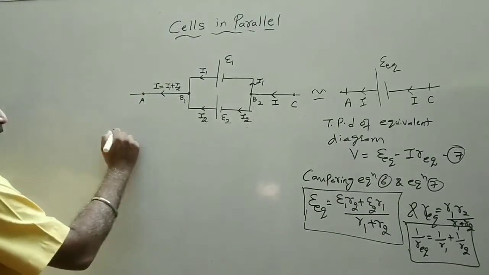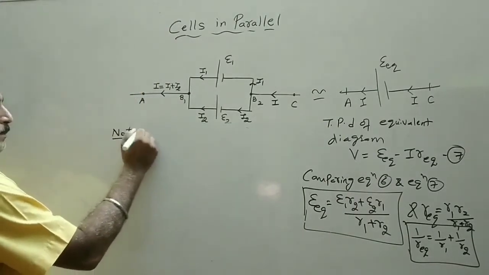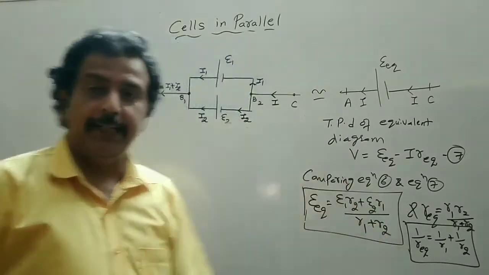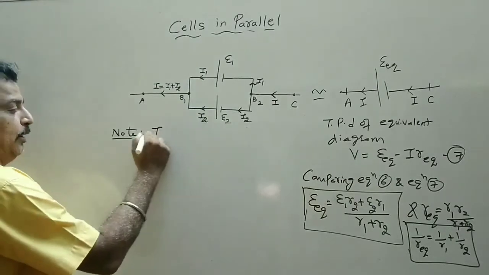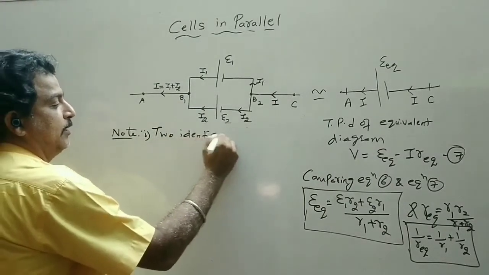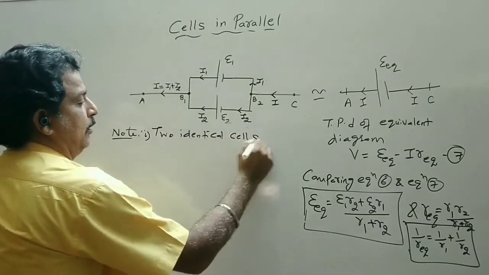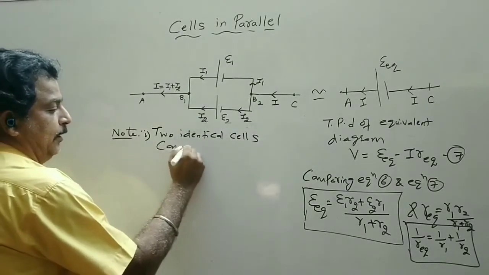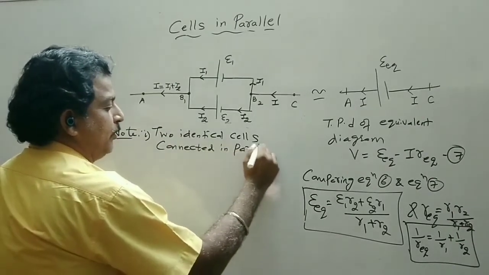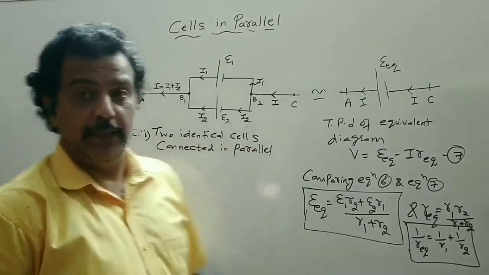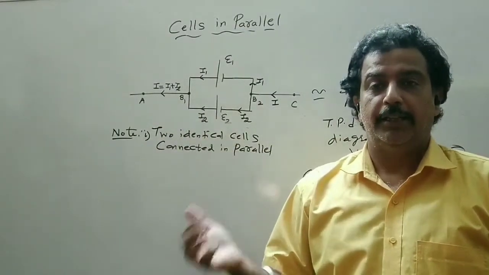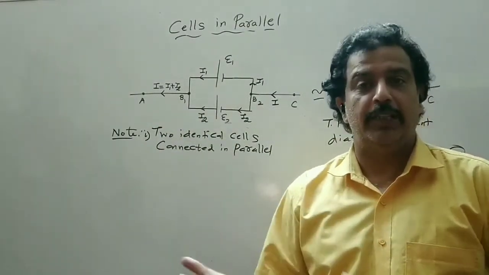Now let us see the situation. Note, suppose we have two identical cells connected in parallel combination. We have seen that if two cells are connected in a series combination, the equivalent was E1 plus E2.